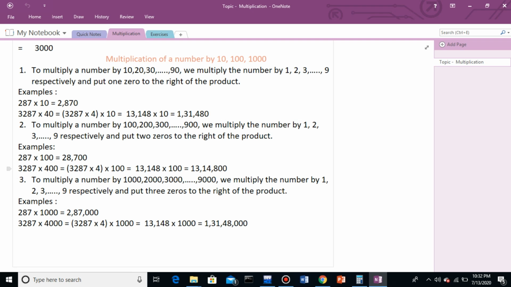So it will become 13,14,800. Now the last one.